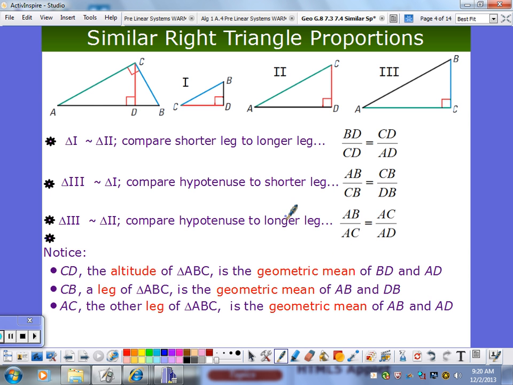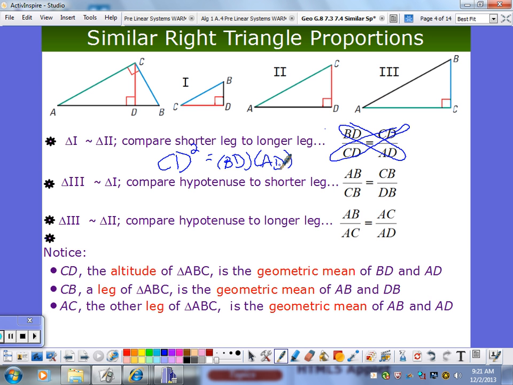It's the geometric mean of BD and AD. Where am I getting that from? Well, look at this guy. Remember how we can solve this? Remember cross products? If you remember cross products, say yes. Yes. Okay. So what does that mean? CD times CD, and CD times CD is CD squared equals BD times AD. Doesn't it?